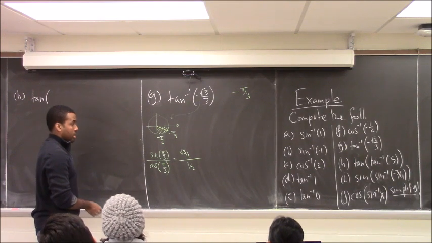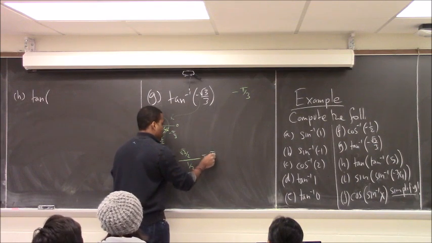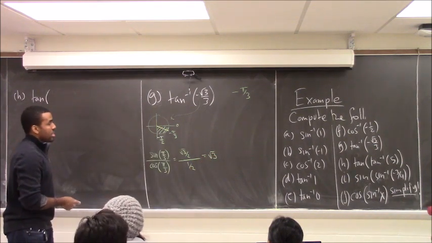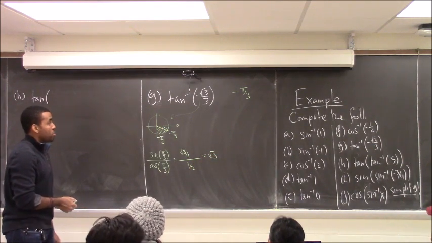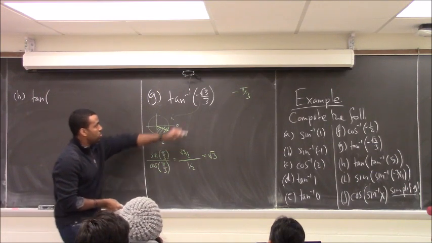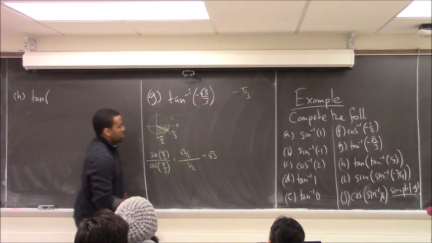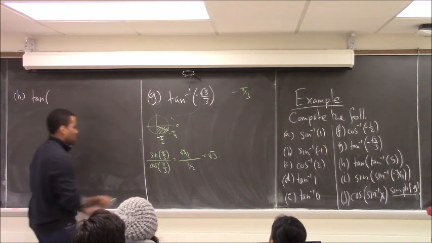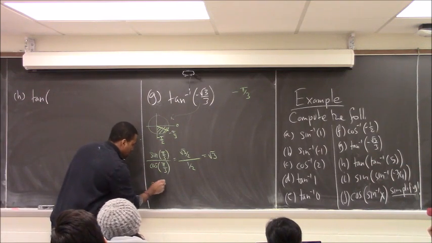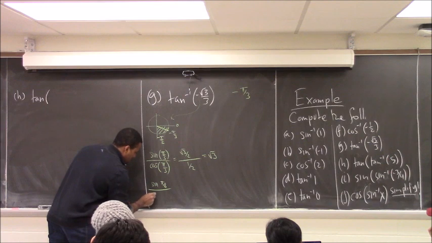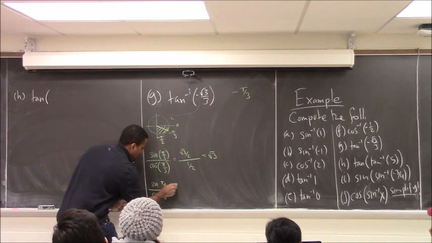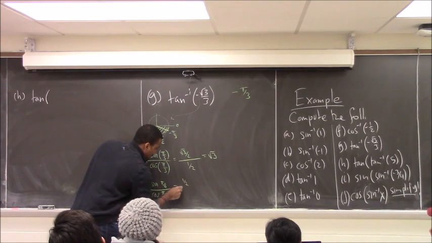Oh, wrong one. That's the wrong one. Notice that this would give you radical 3. So that would be the answer if I had negative radical 3, pi over 3. However, if you look at the other one, pi over 6, sine of pi over 6 is 1/2.